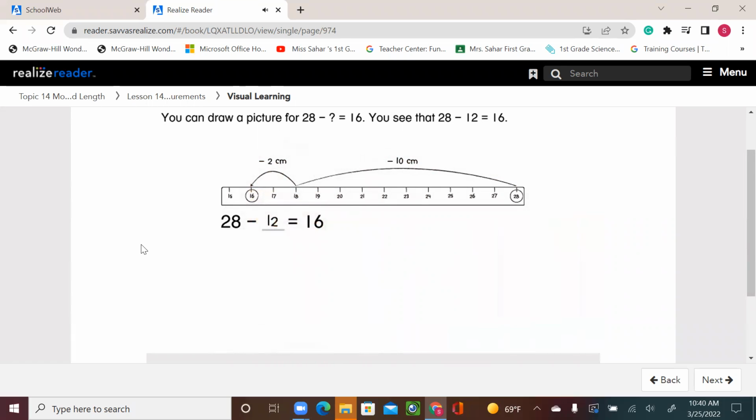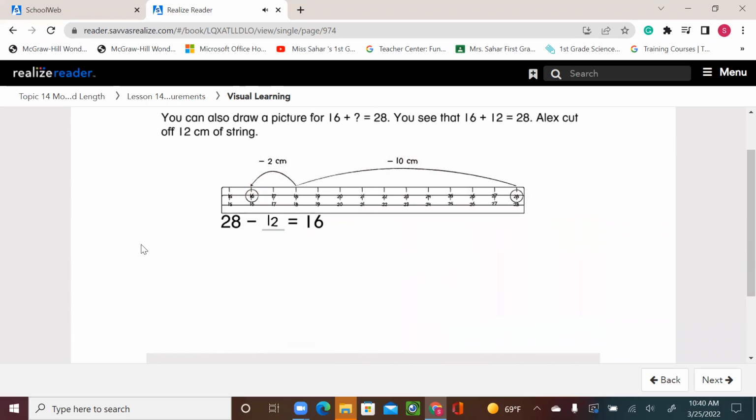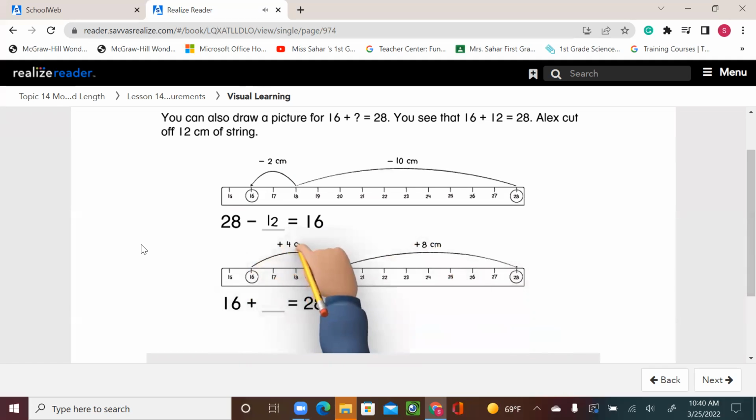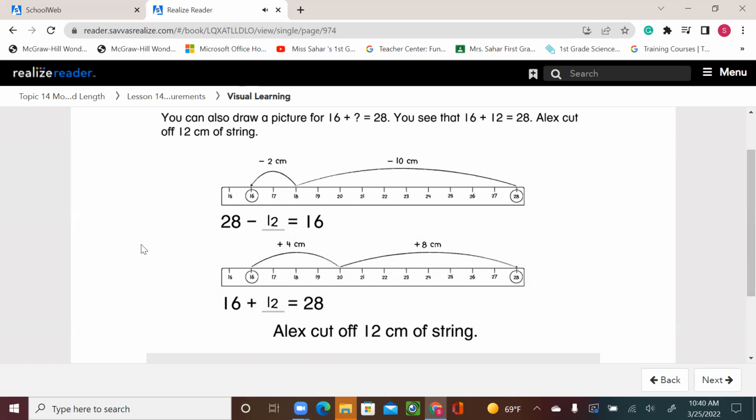You see that 28 minus 12 equals 16. You can also draw a picture for 16 plus what equals 28. You see that 16 plus 12 equals 28. Alex cut off 12 centimeters of string.